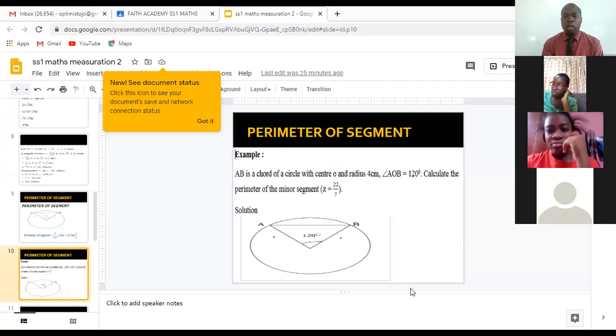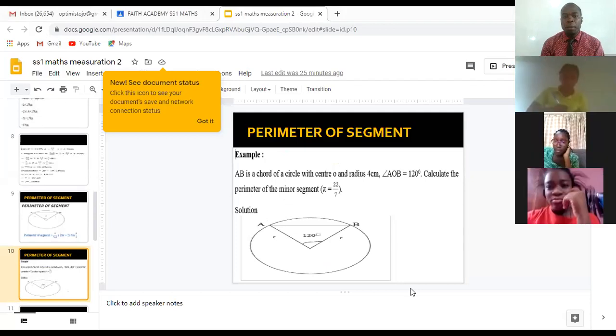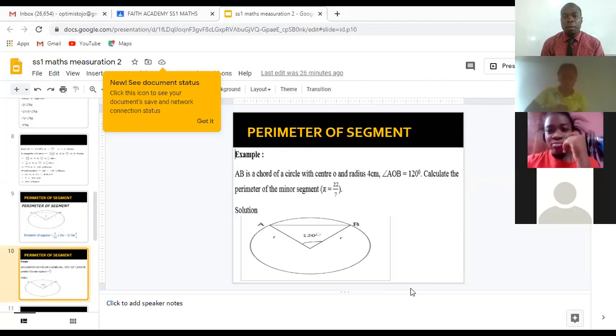I've explained to you the difference. Who will tell me the difference between a sector and a segment? A sector is a part or a fraction of a circle that is bounded by an arc and 2 radii.